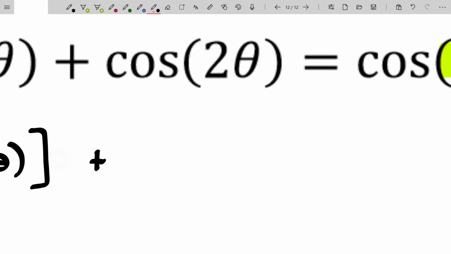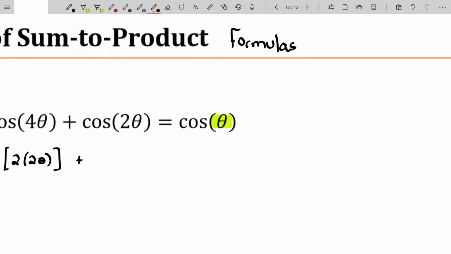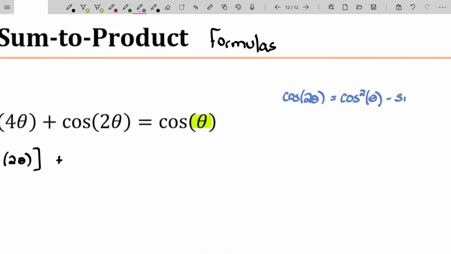We have 3 versions of the cosine of the double angle. Cosine of 2 theta, if you will recall, is either cosine squared of theta minus sine squared of theta. This is totally memorizable, by the way. Or it's twice cosine squared of theta minus 1. Or it's 1 minus twice sine squared of theta.